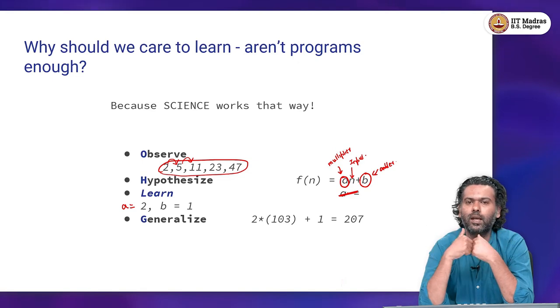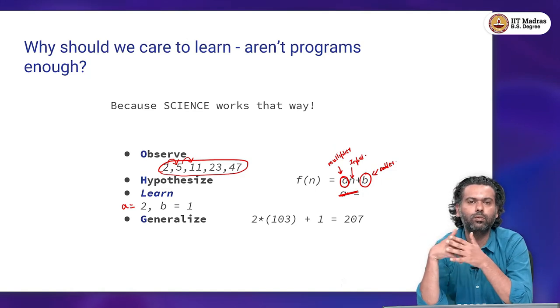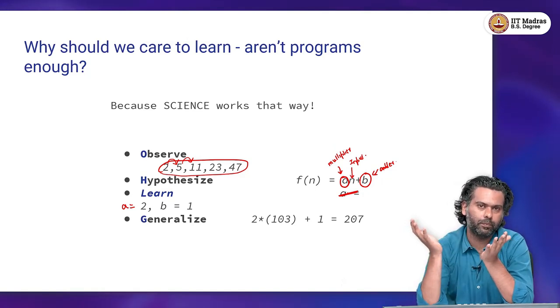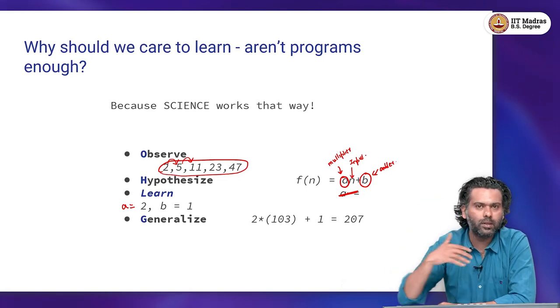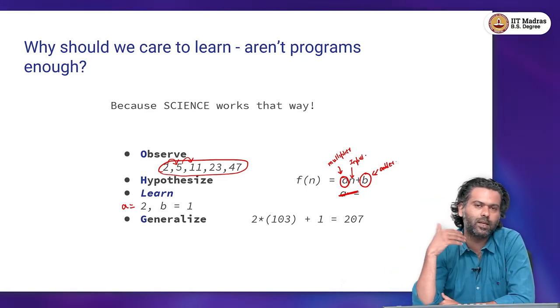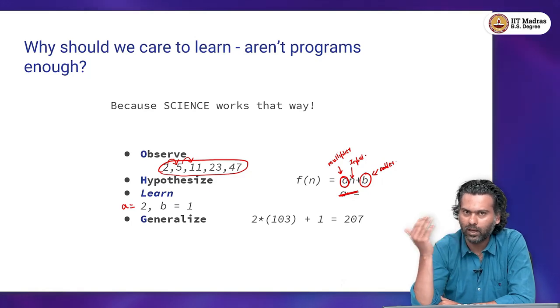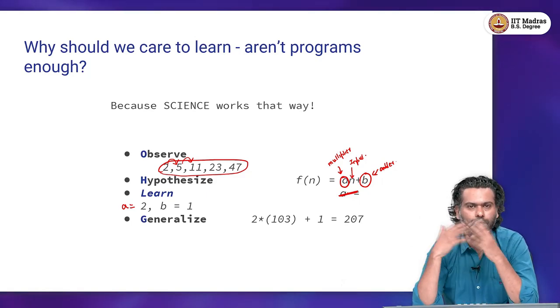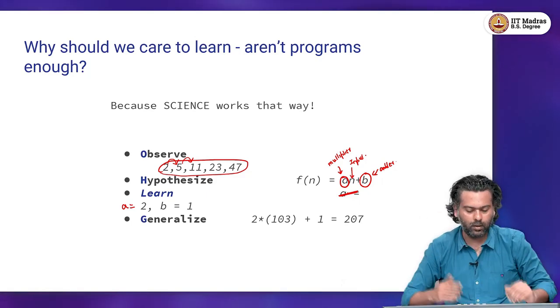And once you have the numbers, under this hypothesis, you can generalize this to unseen data. So this idea of observation, hypothesizing, learning, and generalizing will keep coming back again and again. So we'll meet this again as we go along.